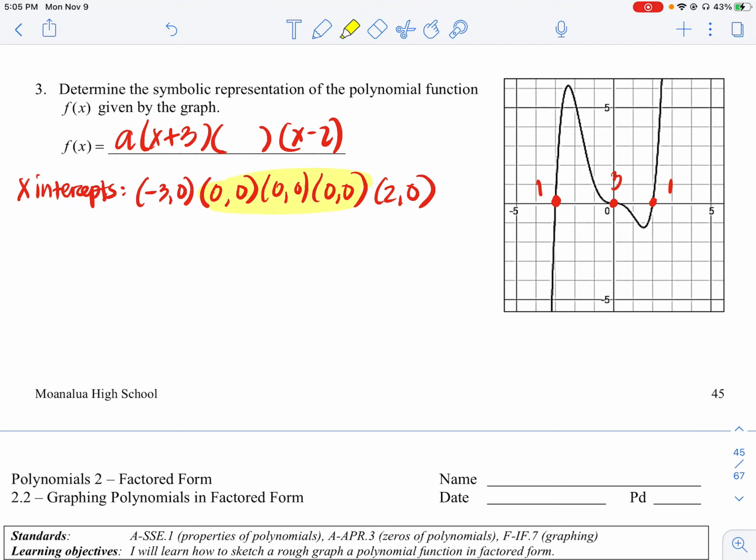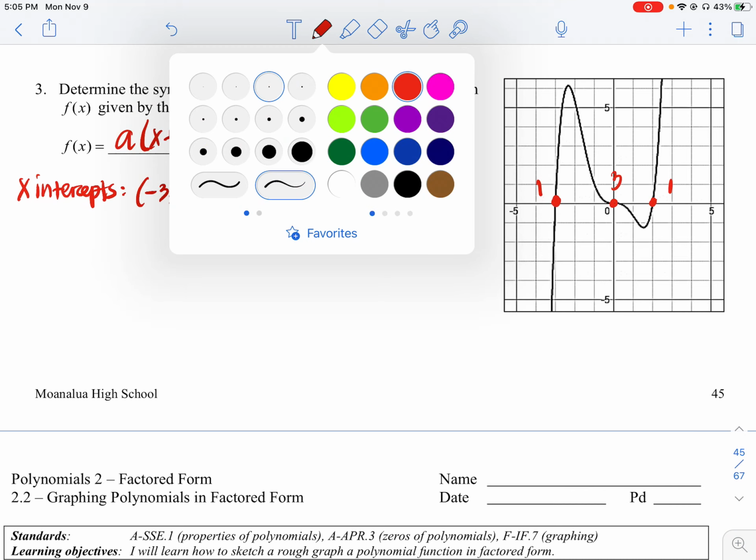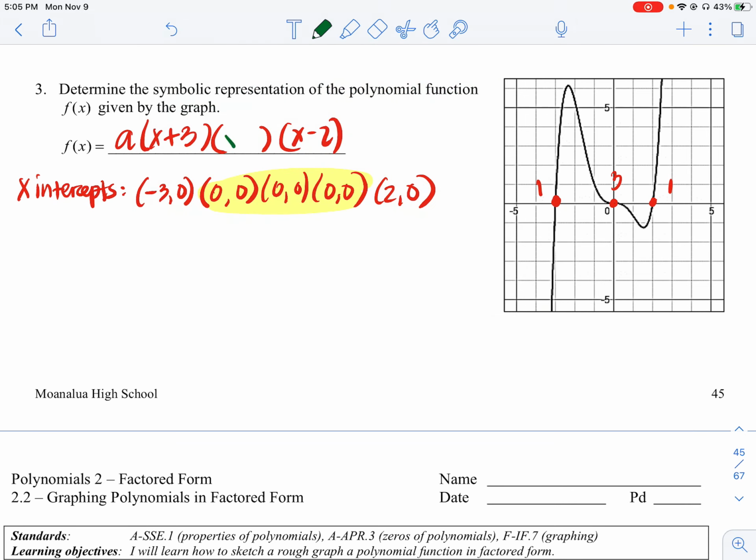This one. How are we gonna write that? Like, do we write that as x plus 0? Why not? Let's change the color because it's something peculiar. X plus 0 to the power of 3. Now, you know how it's just x plus 0 to the power of 3?